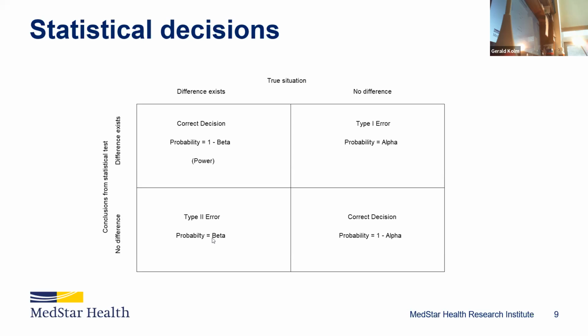And the probability of this is what we call beta, or the beta error. And it turns out then that in the situation where there is a true difference in the population, and based on our statistical test, we conclude that a difference exists, then that probability is 1 minus beta, and this is what we call power. In other words, it's the power of our statistical test to detect a true difference in the population.